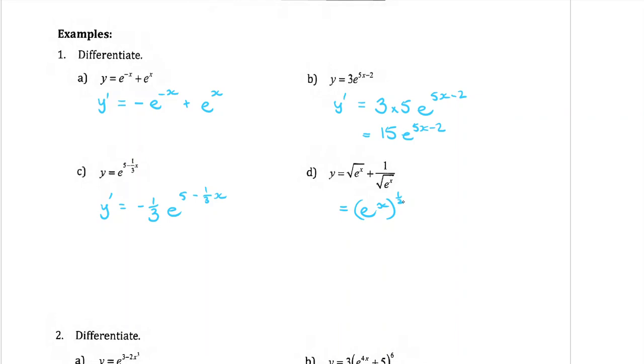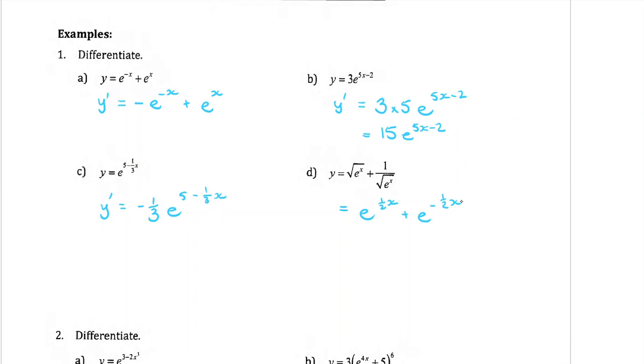But you may just want to times that half and that x together straight away. So half x. So let's just go e to the power of half x. So this one here is also going to be e to the power of half x, because on the bottom I want to bring it up and it will become e to the power of negative a half x.